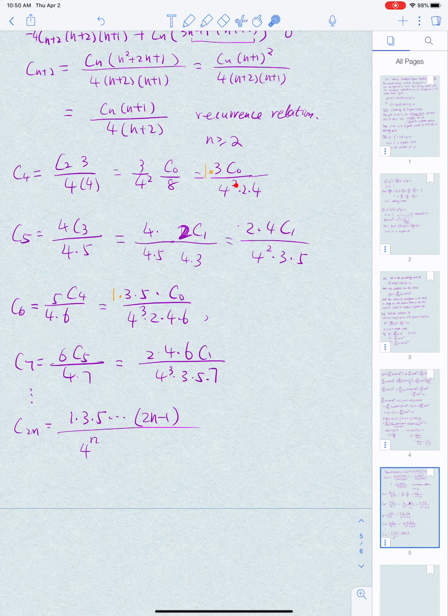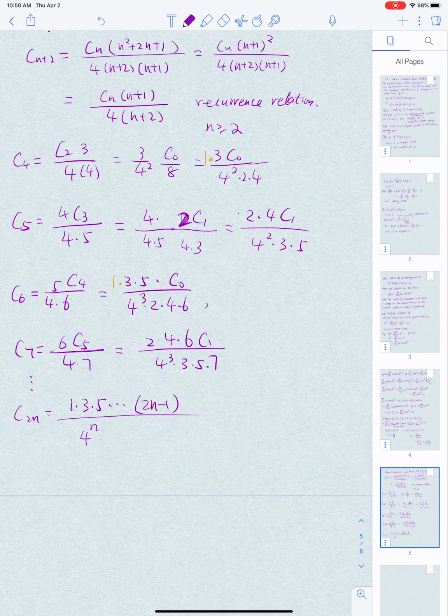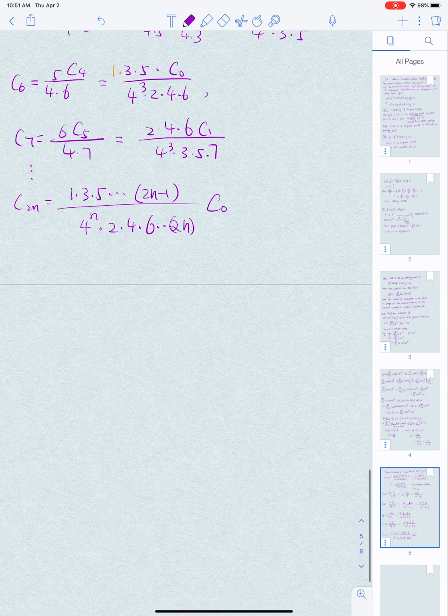So this is 4 squared. Think of this as 2n, n equals 3, 4 cubed. So n should match. And then the denominator is 2 times 4 times 6 until we get to 2n. And they all depend on C0.